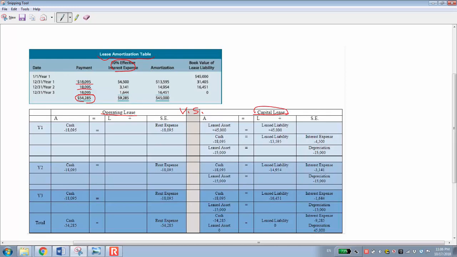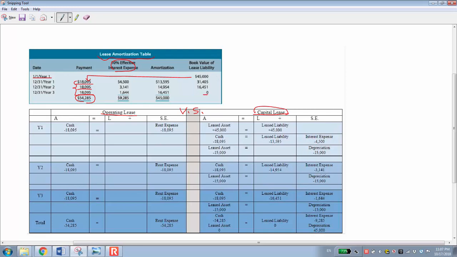If we calculate the present value of these three cash outflows, it equals 45,000. Actually, the 45,000 is also the book value of the asset at the beginning of year 1. This table shows how the book value of the lease liability is amortized.